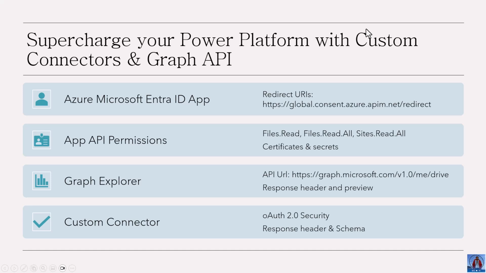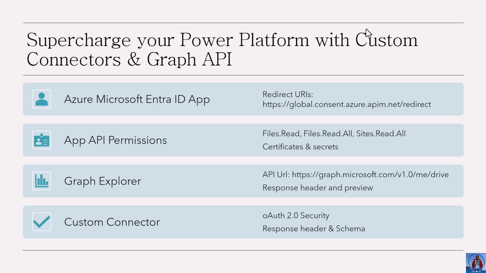These are the steps which we're going to follow in the Power Automate or the custom connector creation. You can see the first step is to create the Azure app registration. This is the usual procedure to create the app, and you need to add the redirect URL. Make a note of this URL. You might need it to add it in the app registration.